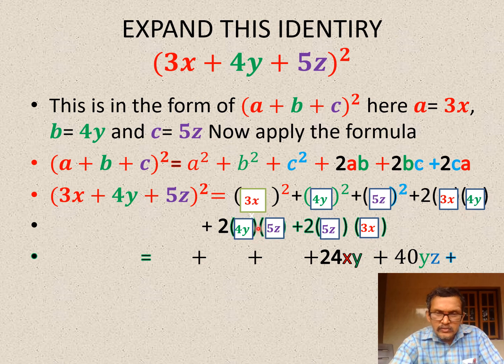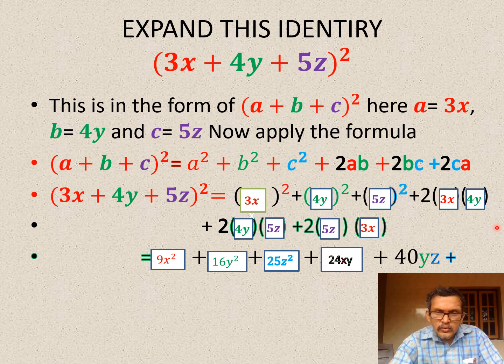Now 3x whole squared means 3x into 3x, you will get 9x squared. 4y into 4y, 16y squared. 5z into 5z, 25z squared. 3 into 2, 6, into 4, 24xy. 2 into 4, 8, 8 into 5 is 40yz. 2 into 5, 10, 10 into 3, 30zx.